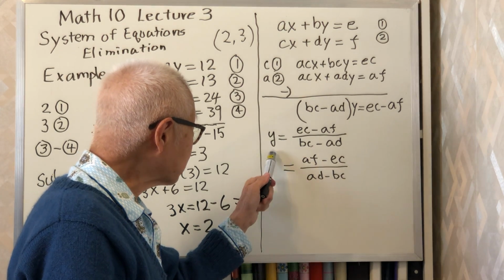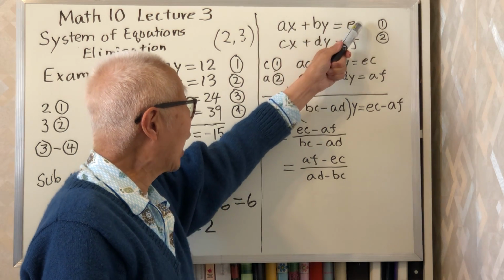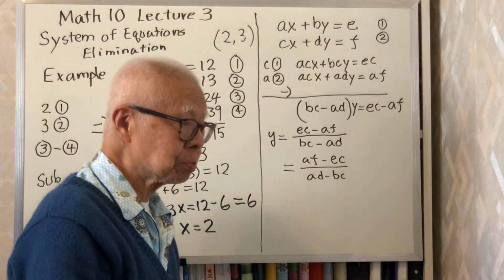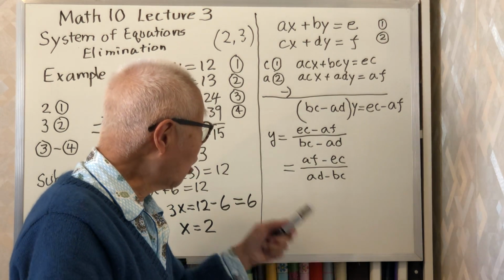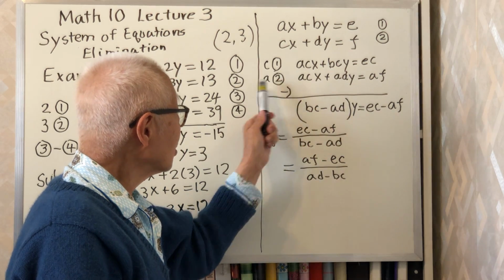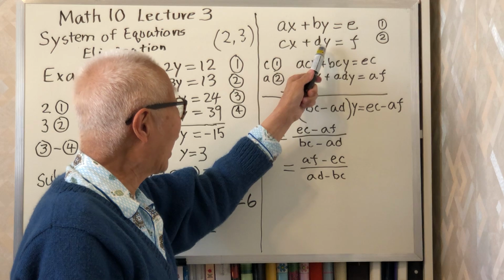Now, how do I find x? You can either substitute y into either equation 1 or into equation 2, and then you can find x. You can also do the same steps. To find x, I need to eliminate y.